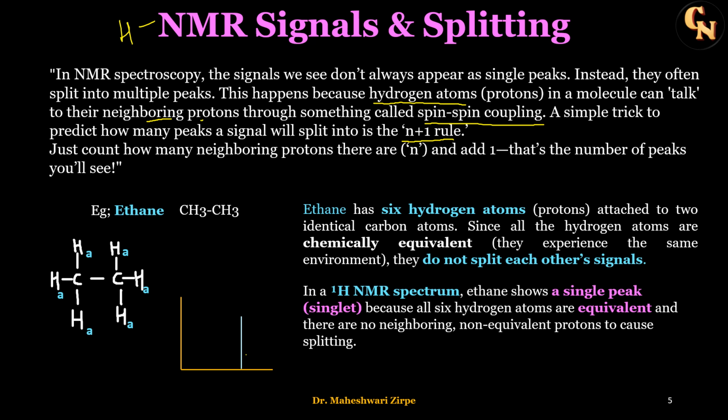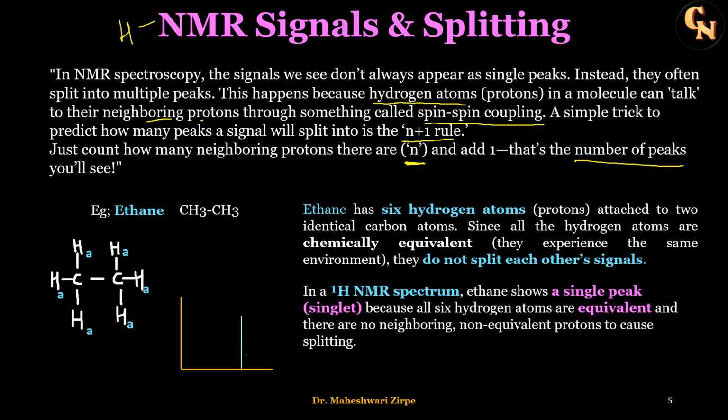Just count how many neighboring protons there are, which will be indicated as n. You have to just find out how many neighboring protons are there, and add 1 to that so that you can get the number of peaks.